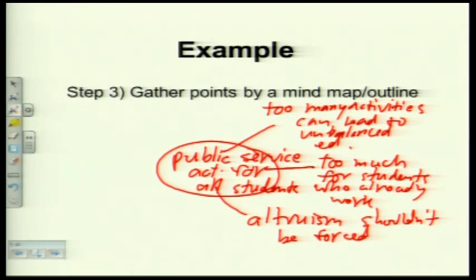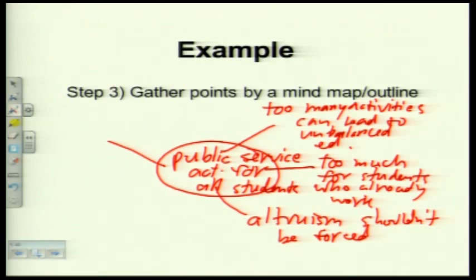However, I could say that public service activities are still useful for some students. So I would have what I call the counter-argument position there. I would say that for students who are willing to do this, you could give that as an extra credit activity. Or they could choose to substitute other class requirements with the public service activities.